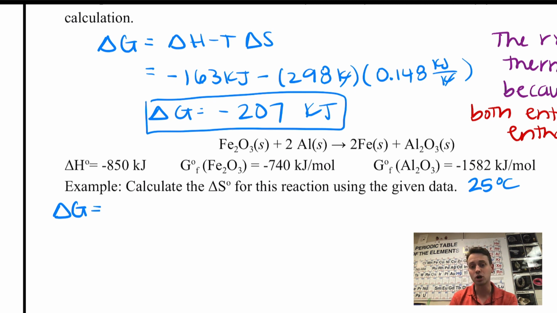Now remember that aluminum would be 0 and iron would be 0 because those are elements in their standard state. So make sure that you do keep that in mind. And once again, we're going to do products minus reactants. Al2O3 is negative 1582.